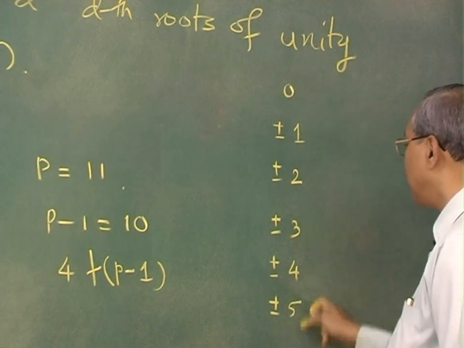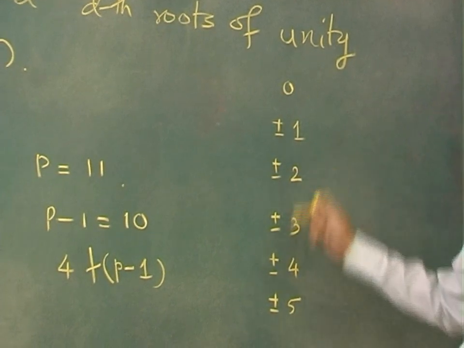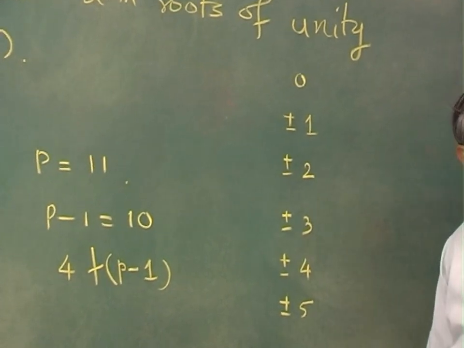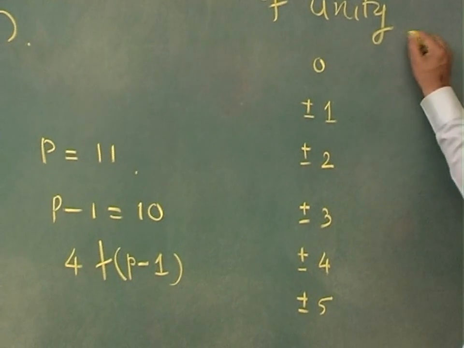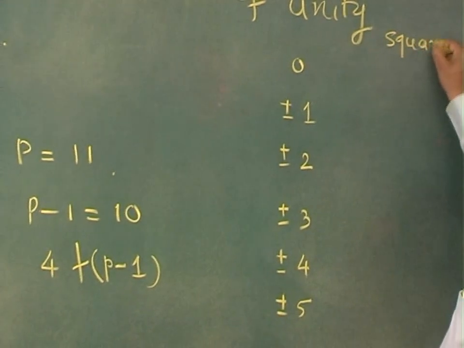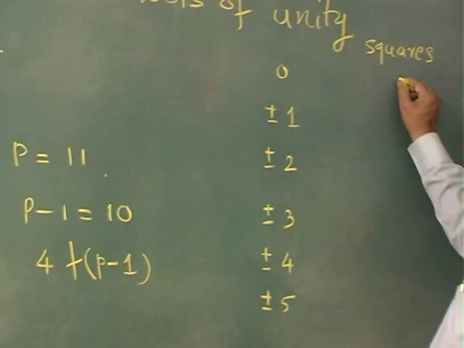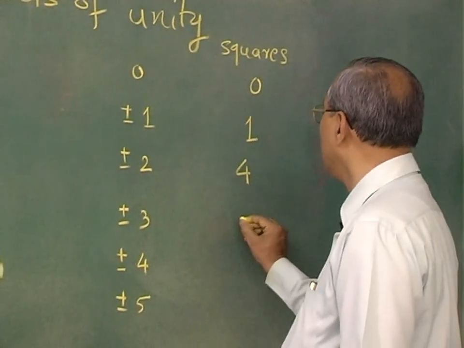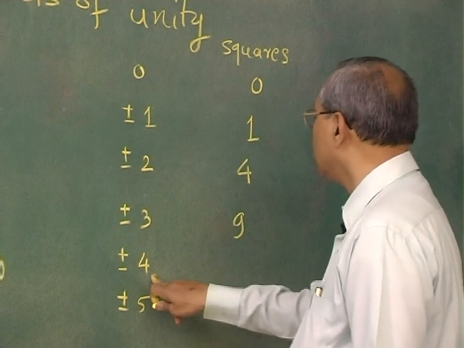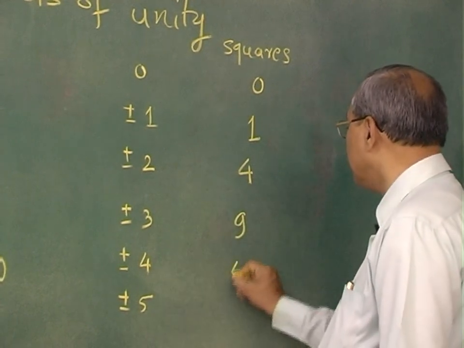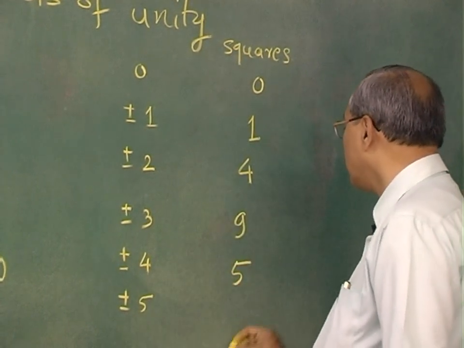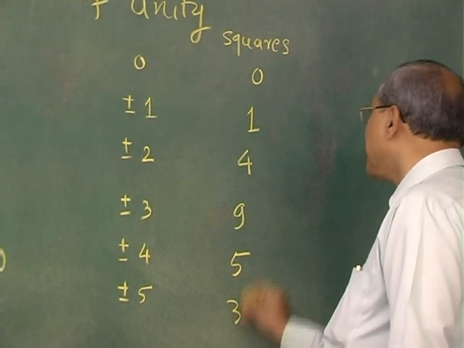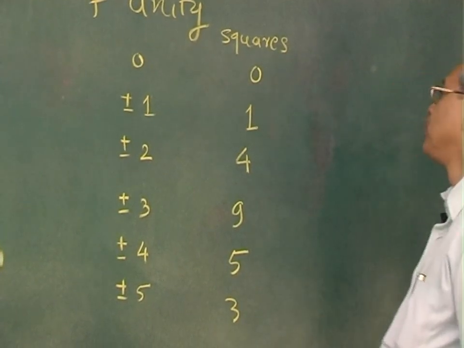These are the elements in a complete residue system mod 11. If you take squares of these, you get 0, here you get 1, here you get 4, here you get 9, here you get 16, that is 5, and here you get 25, that is 3. So these are the squares.